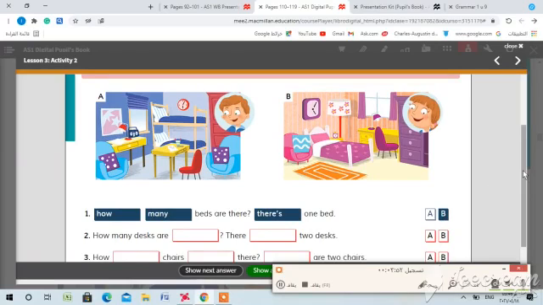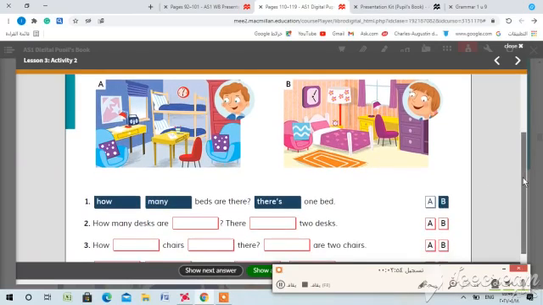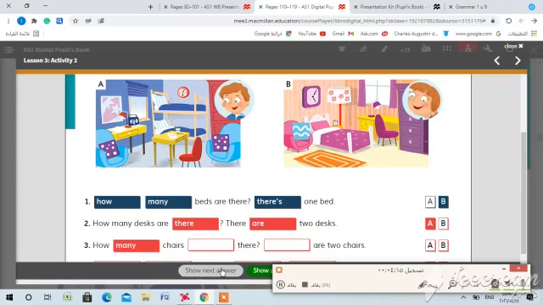Number 2. How many desks are there? Excellent. There are two desks. It's in picture A. Look at picture A again. This is picture A. There are two desks. This is number 1 and this is number 2. Now number 3. How many chairs are there?